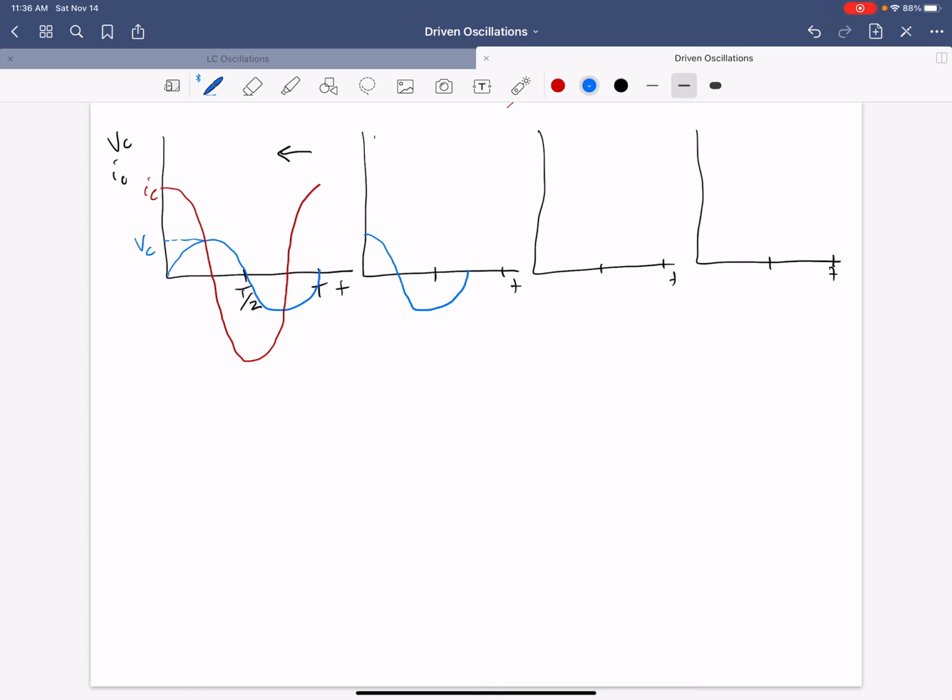That was terrible. Let's do it again. There, something like that, right? And the next one, that means it'll be 0 here, and the minimum will be at 1/4. Maximum will be there. There we go. Something like that. And now the minimum will be here. Yeah, that's right.